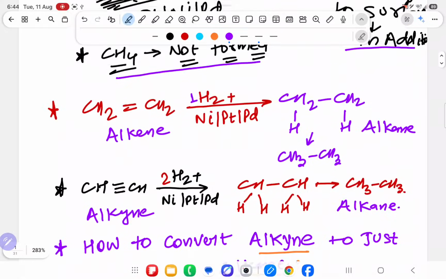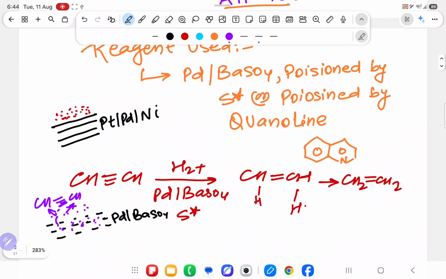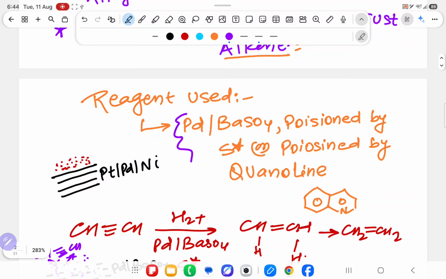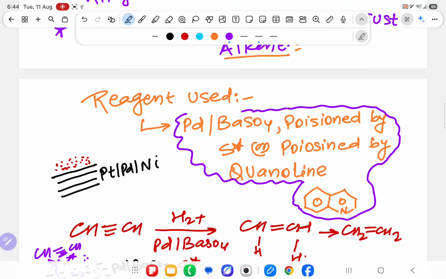Alkene or alkyne, both are converted into alkane, but if we have to convert alkyne into alkene, then we have to use one reagent, Pd BaSO4 poisoned by sulfur or poisoned by quinoline, and the name of this reagent is Lindlar's reagent. The scientist who gave this reagent was Lindlar, and in his respect this reagent is known as Lindlar's reagent. So I hope you understood hydrogenation of alkene.